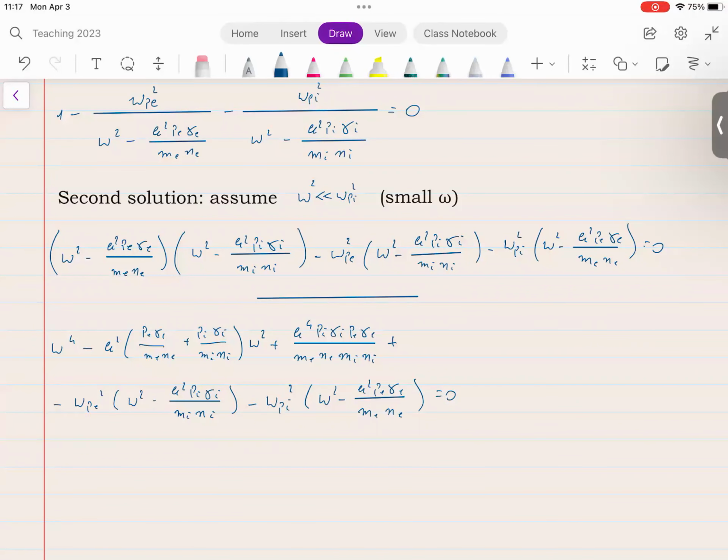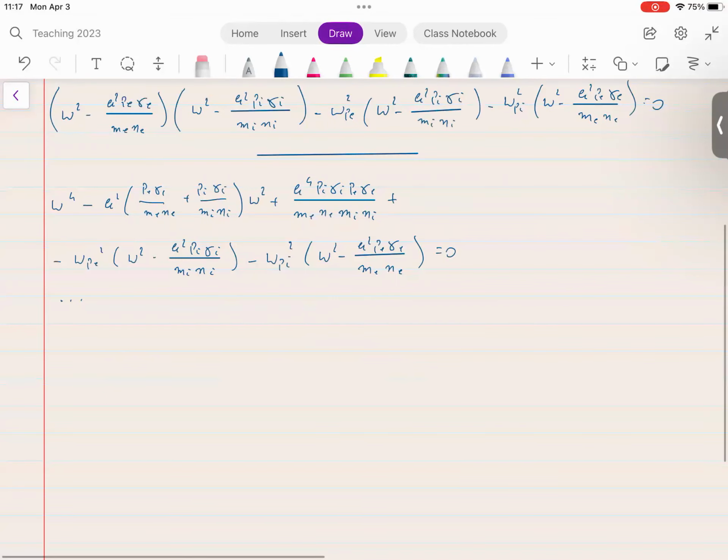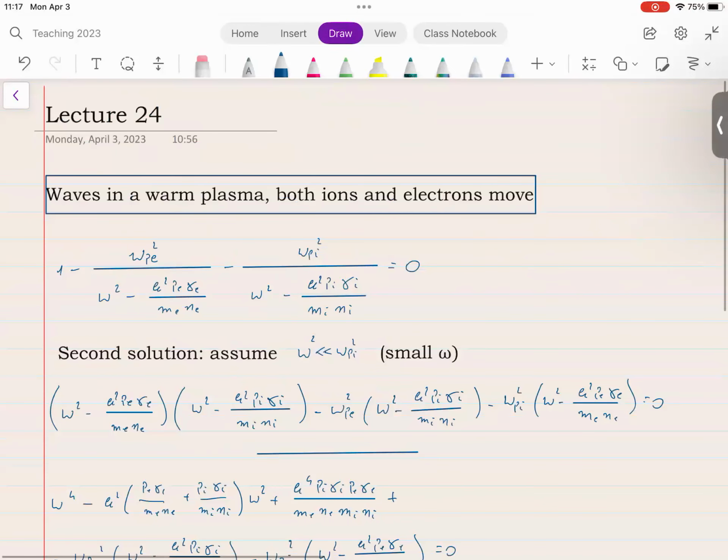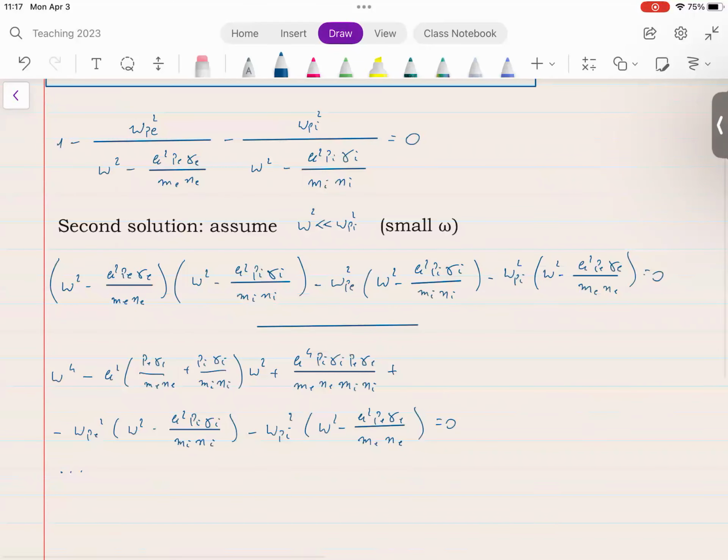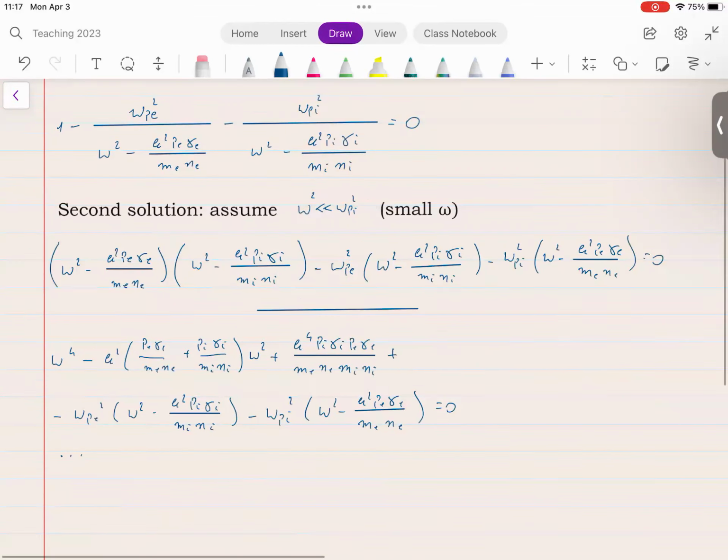Now, a possibly simpler way, if you can keep track of what you're doing, is arguably a faster way to proceed. Start from the original dispersion relation and figure out what you can neglect and what you need to keep.